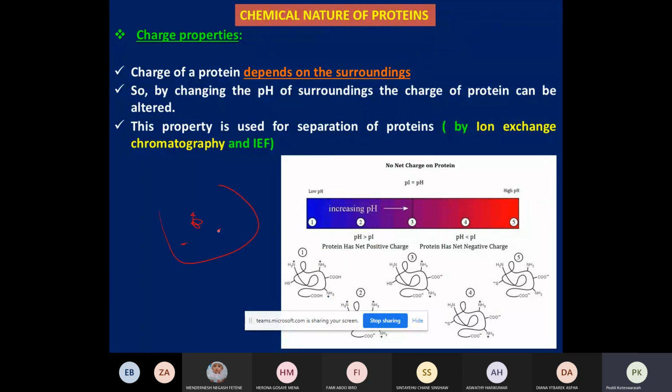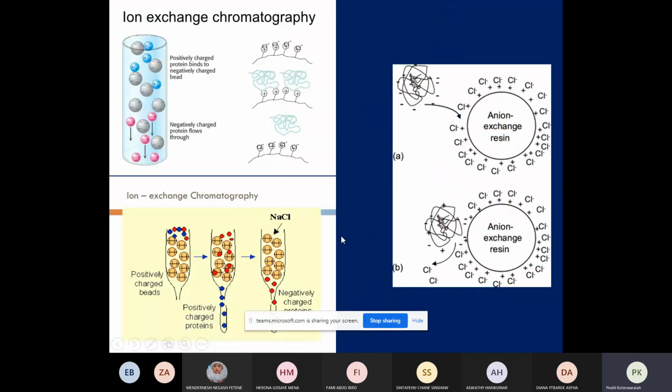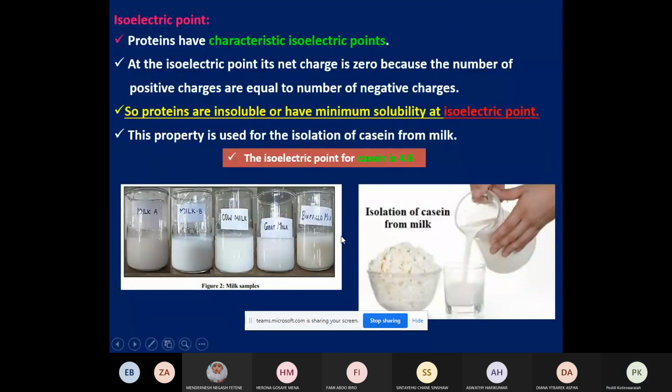So this is the protein, and the charge is dictated by the pH of the surroundings. That's why this property is also used to separate the proteins. Charge properties of proteins are used to separate the proteins by ion exchange chromatography. I think you must have already studied this in the analytical course.